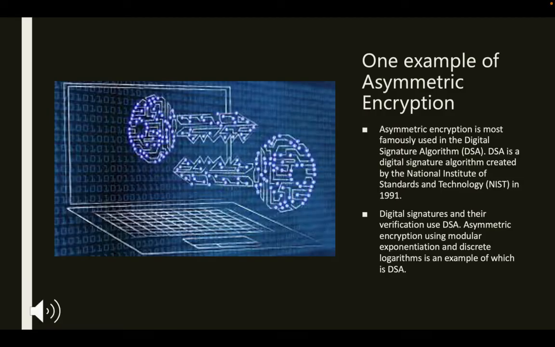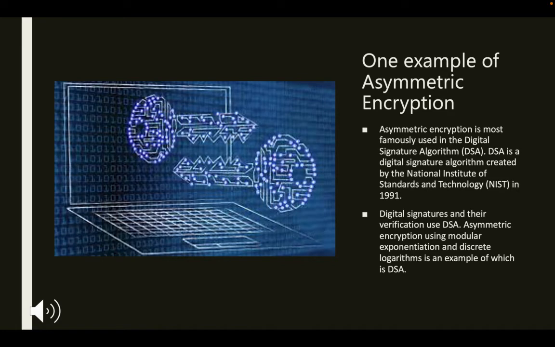One example of asymmetric encryption is the digital signature algorithm, DSA. DSA is a digital signature algorithm created by the National Institute of Standards and Technology, NIST, in 1991. Digital signatures and their verification use DSA.